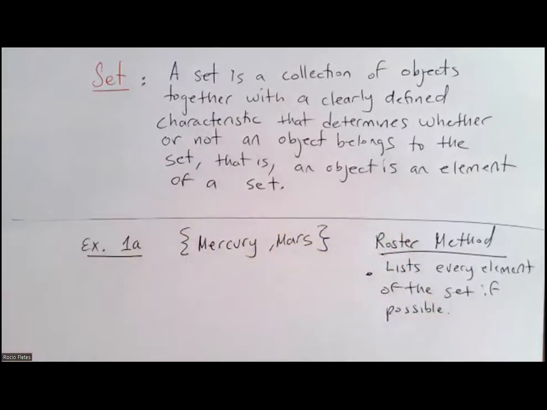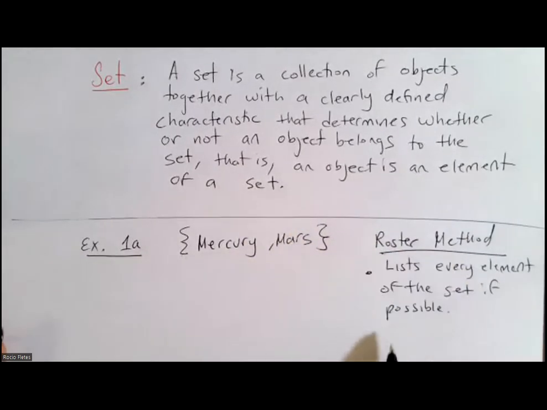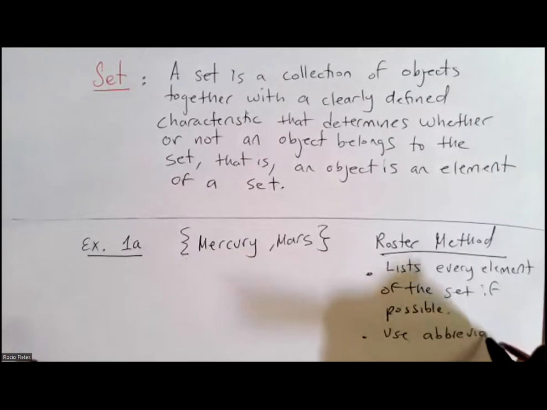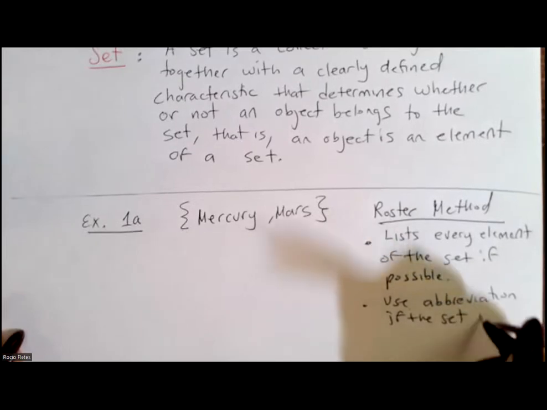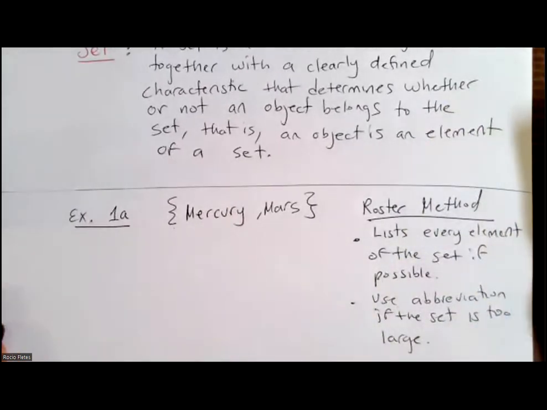If we have a very big set, I'm going to show you how we can still use a roster method without having to list every element, but giving the reader a clear indication of what those elements are. Okay, so another way is we use abbreviation, if the set is too large, and I will explain what that means and show you when we get to that example.